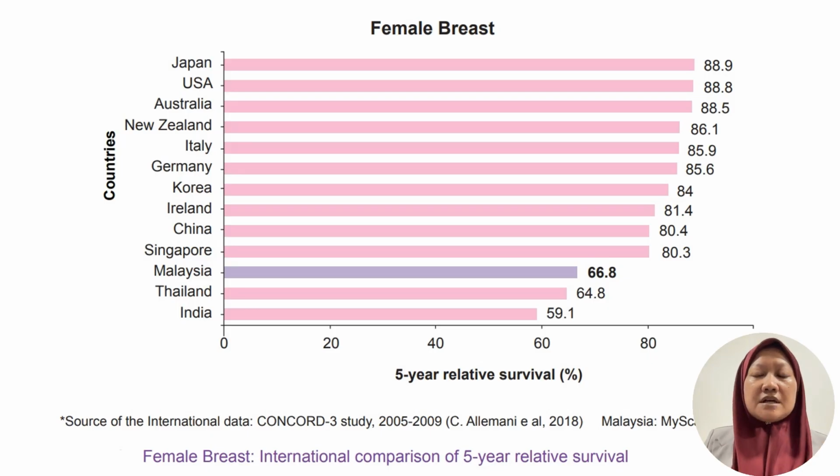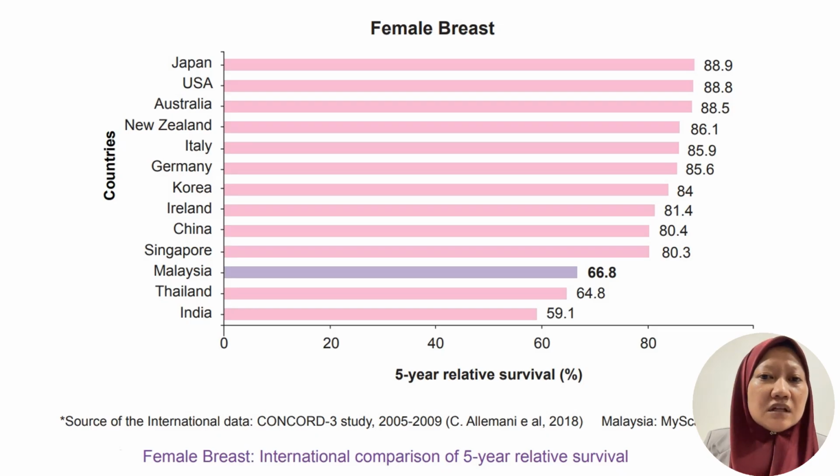The stage at diagnosis is very crucial and important in determining breast cancer prognosis. As we know, the earlier the stage, the better the prognosis of the patient. Why? Because they are more treatable and have a lower chance of metastasis.